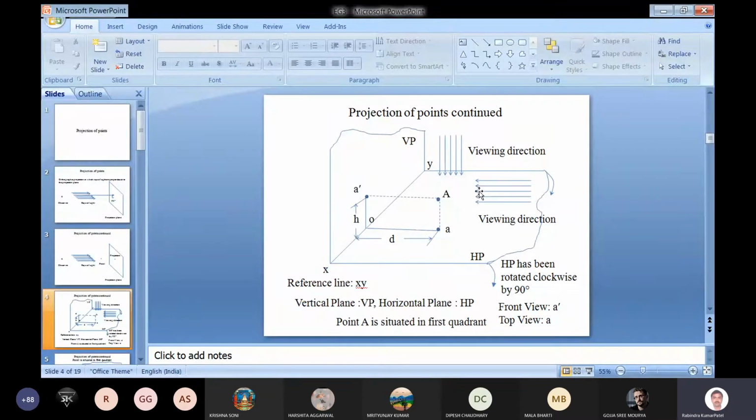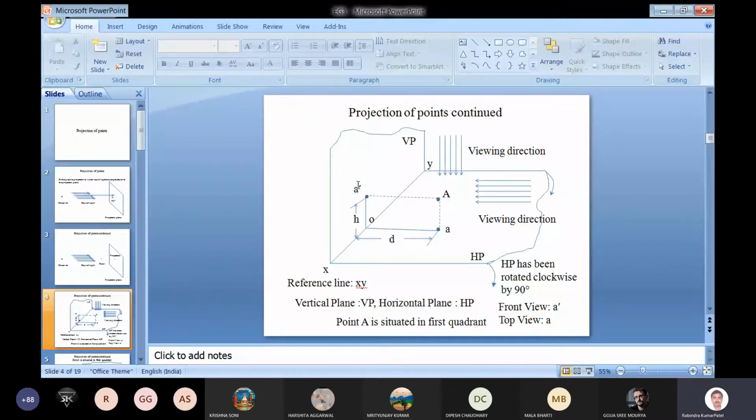From the top and from the right side, we will have the projection of point capital A onto the vertical plane, and it will be A dash.